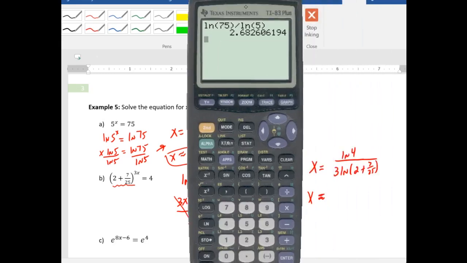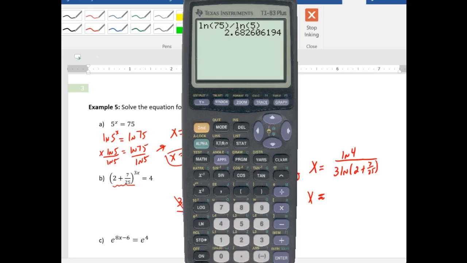So for the approximation, we have natural log of 4. Let me go ahead and do this.